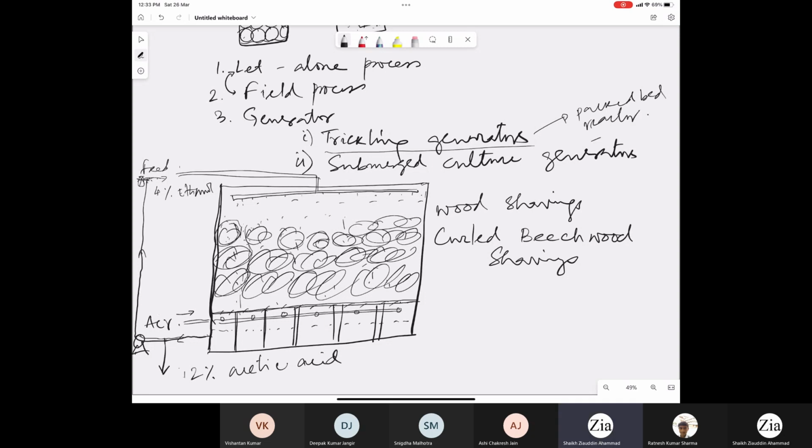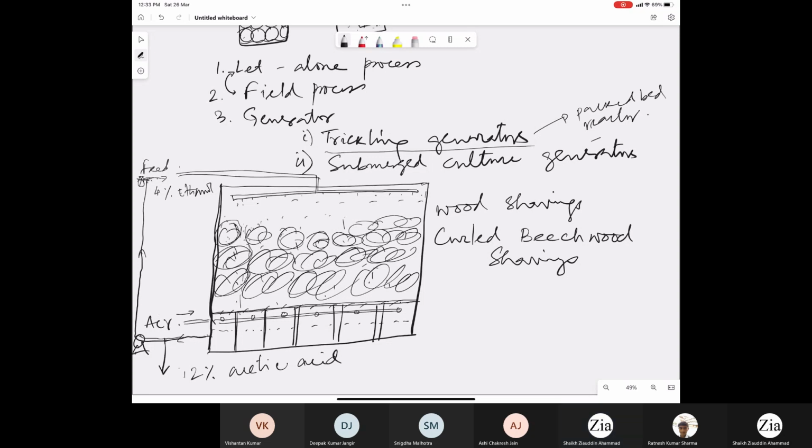Now in submerged culture, you actually get much higher productivity because the transport resistances are much lower. Typically in a trickling bed, this interaction is happening because of countercurrent movement of liquid and air, and the bacteria is actually static. Bacteria is not moving.